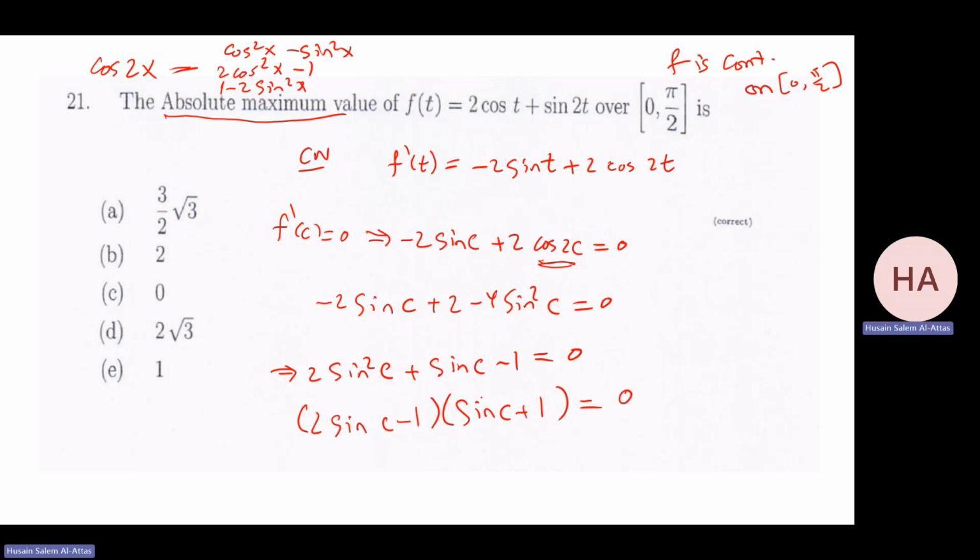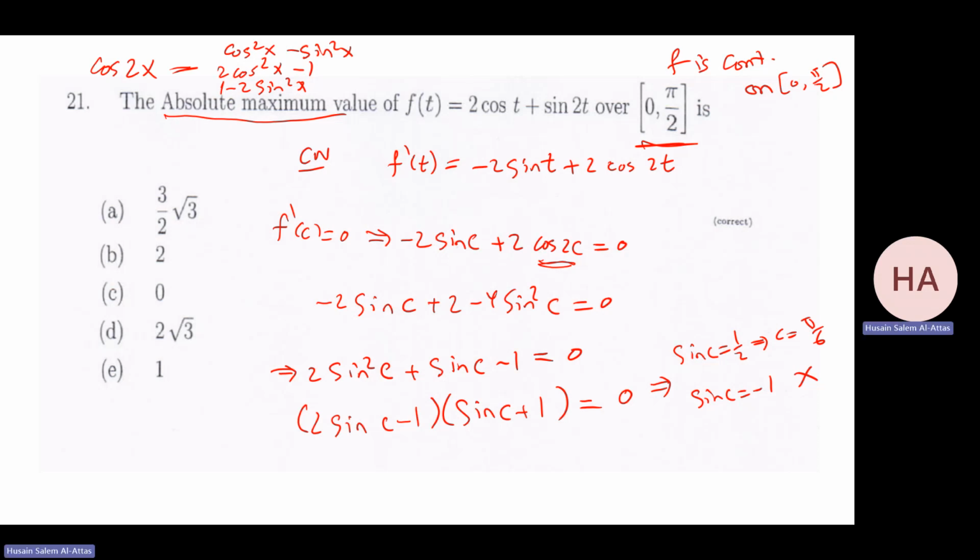Okay, so I have sine c equal half, which means c equal pi over 6, or sine c equal minus 1, which is impossible since I have only first quadrant.